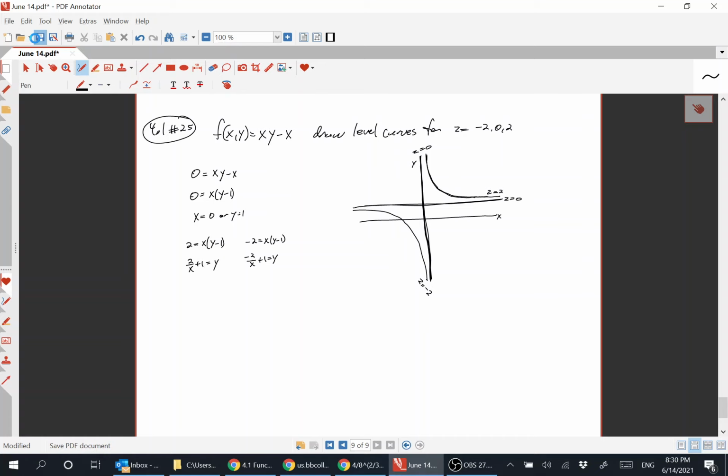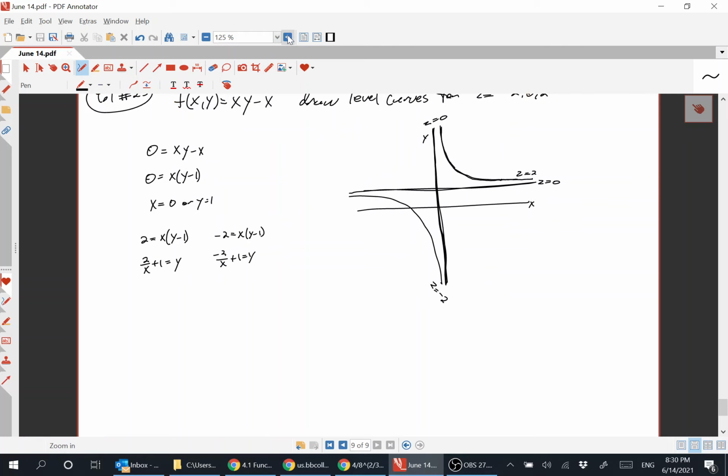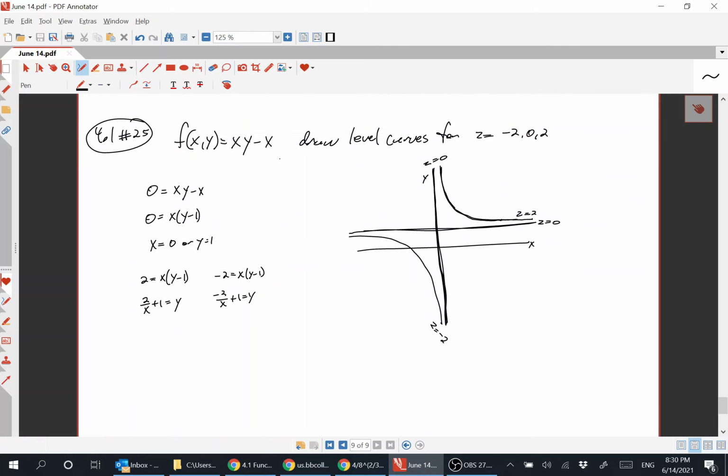What was special about the contour map with regard to the gradient, say? Do you remember what was special about the contour map and the gradient? The level curves and the gradient function, the gradient vectors.